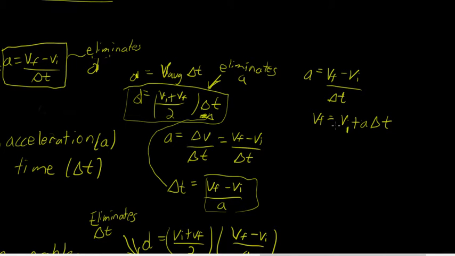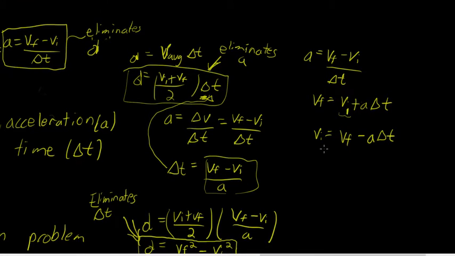But it's initial velocity that we want to eliminate, right? So we have to solve for initial velocity. So initial velocity is final velocity minus acceleration times elapsed time. All I did here was I subtracted a delta t from both sides. And we also know that the displacement is, assuming constant acceleration again, initial velocity plus final velocity over 2 times the elapsed time.